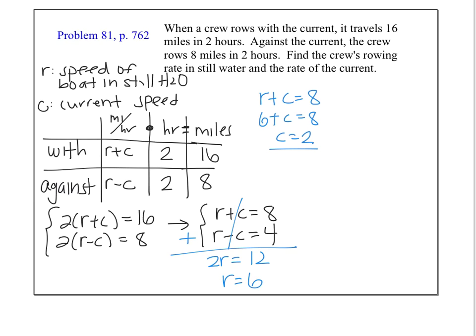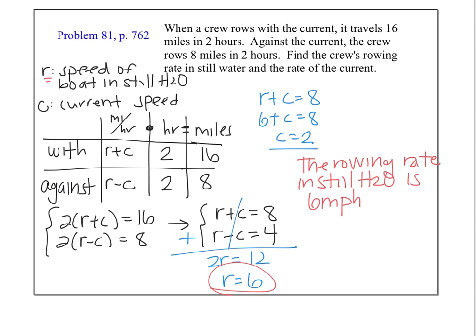So now to answer our question, the rowing rate in still water is 6 miles per hour, and that's because of right here.